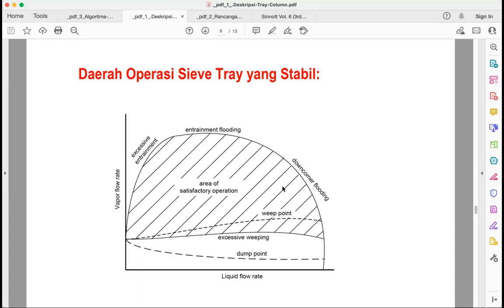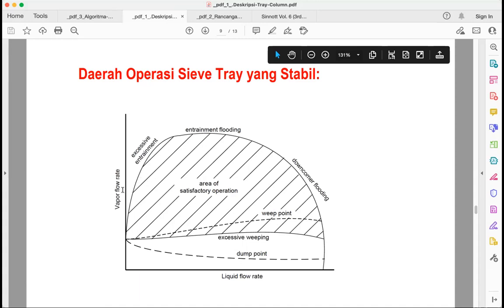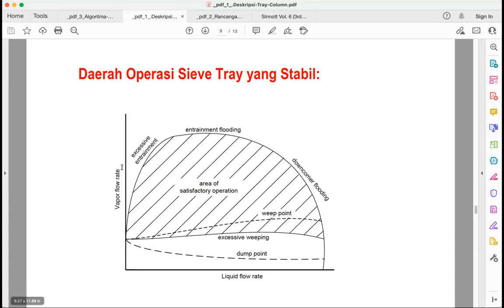Okay, now if we have too much vapor with a low liquid rate, it is called entrainment. What is entrainment? Entrainment is carryover, where the liquid from the tray on the lower part is carried over to the tray on the top one, the one above it.